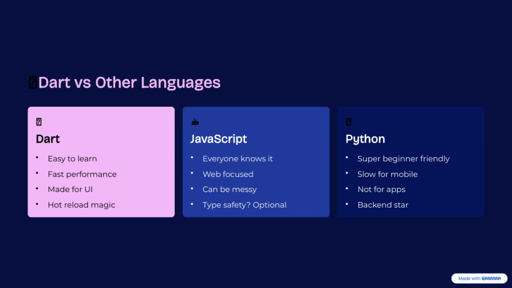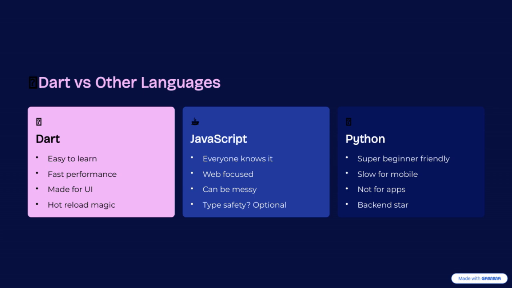Alright, let's take a closer look at the backend star here. When we think of backend technologies, it's important to recognize what they're good for and what they're not. For example, this one isn't really suited for building apps directly, and it tends to be slow on mobile devices. But on the plus side, it's super beginner-friendly, especially if you're just starting out. It's primarily built with Python, which is known for its simplicity and readability.